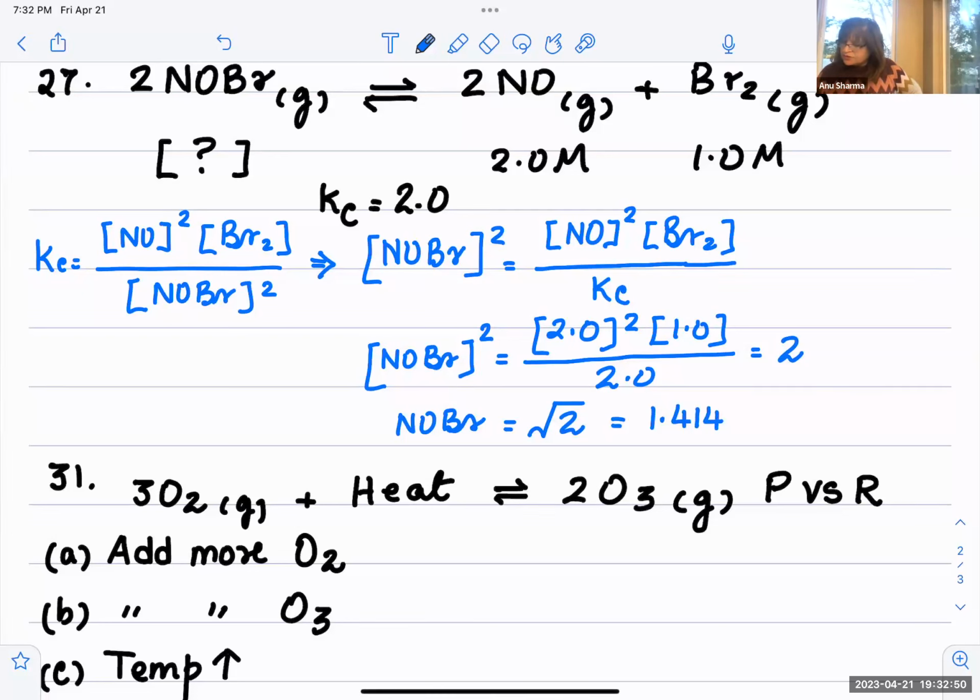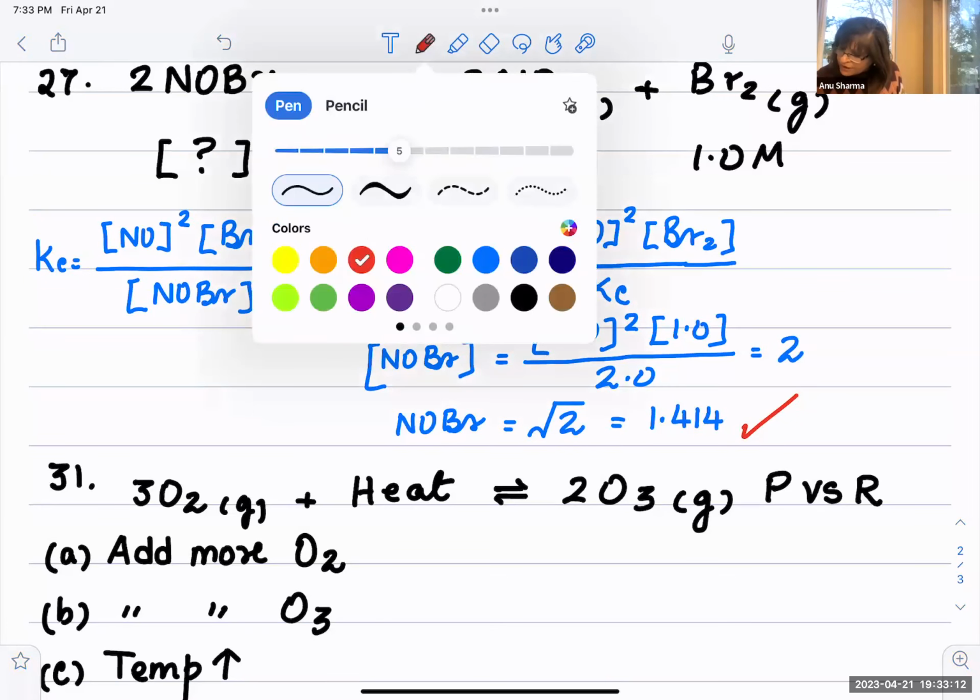Anything that is squared on one side of the equation is under root on the other side. I'm sure you know this from your math, and that's the correct answer. I checked it. That is the concentration, so for the concentration you are going to write down the M.